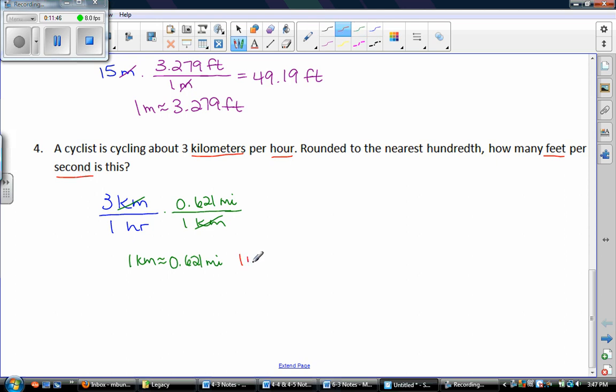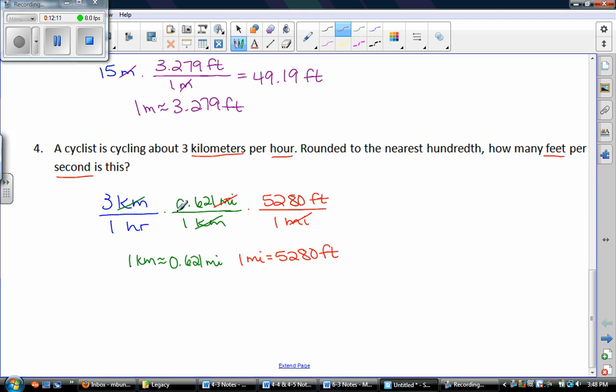We know that 1 mile is equal to 5,280 feet. So to cancel the miles in the numerator, we need miles in the denominator. So this is 1 mile and 5,280 feet. Miles cancels with miles, and we're left with units in feet, which is what we wanted.